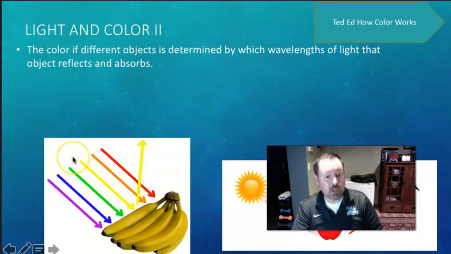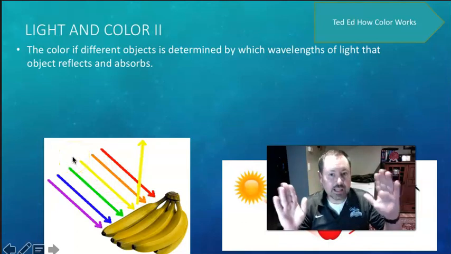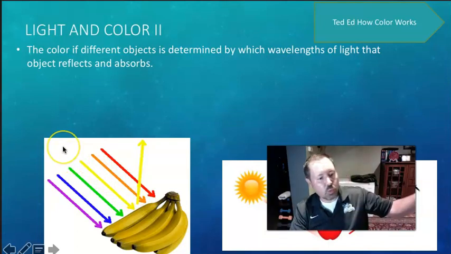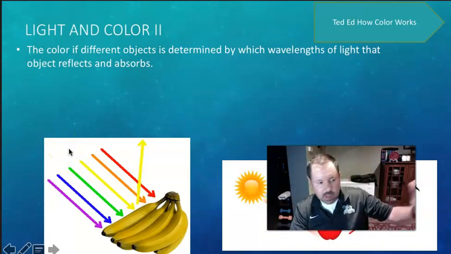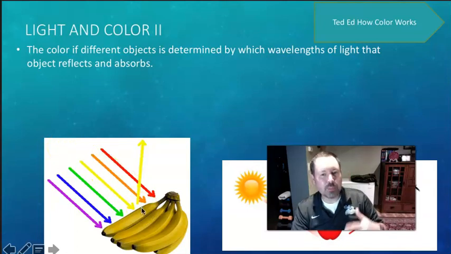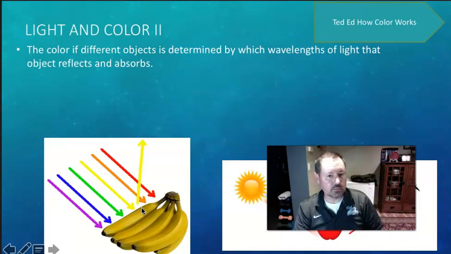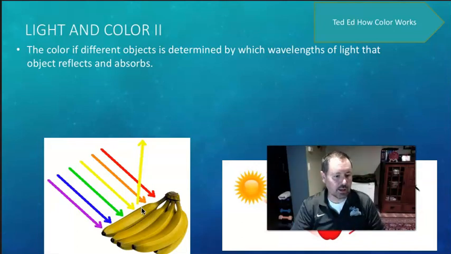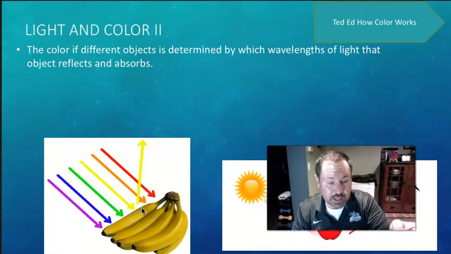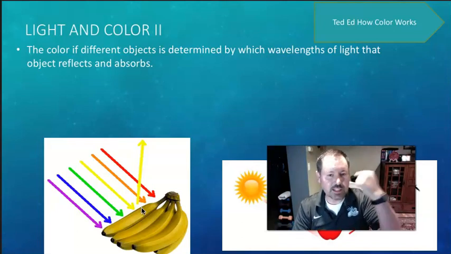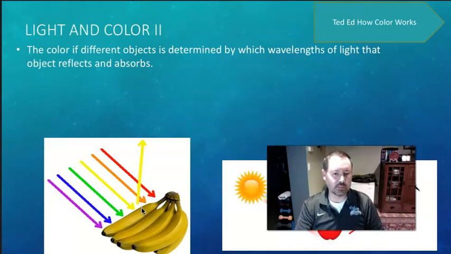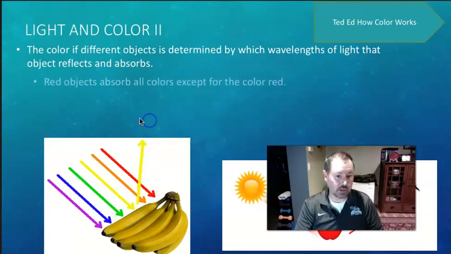Remember we said white light contains all the colors. The white light has all the colors hitting the bananas, and the bananas are rejecting one color. That's yellow. It's shining that one color back. So therefore, when we look at the bananas, what do we see? We see yellow bouncing off of the bananas. So the bananas look yellow, but they're absorbing all the other colors, right?